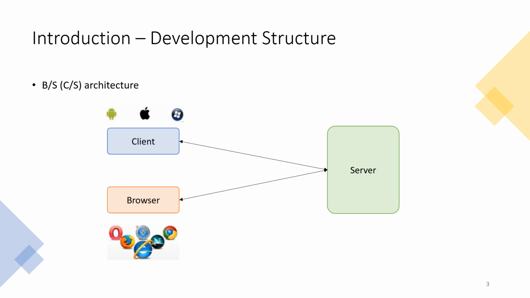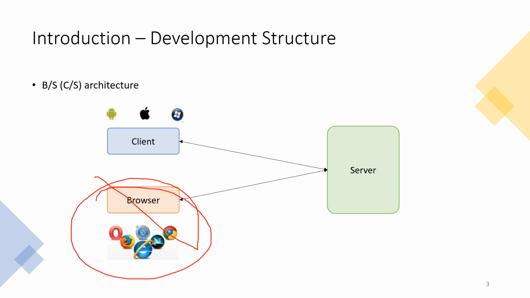And more traditionally, before the time of mobile applications, probably all of you are not very familiar with those times anymore, but the browser we used more often to connect with the server. And based on different browsers, i.e. Firefox and different ones, we can also connect to the server.